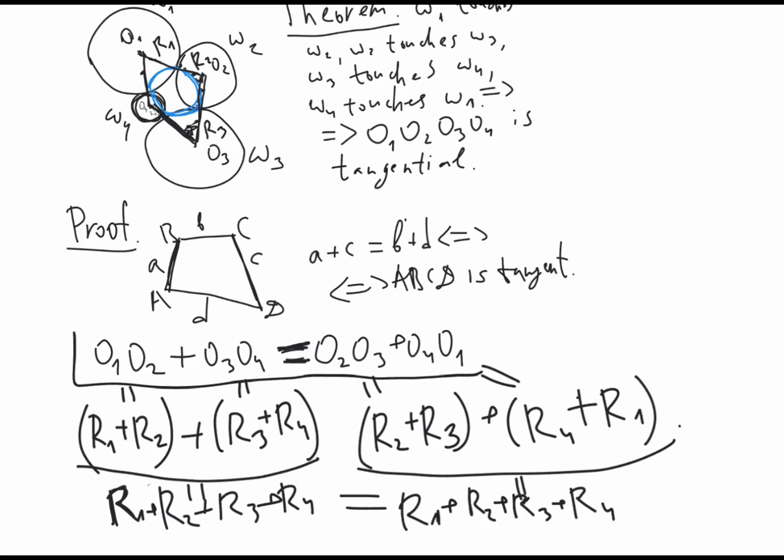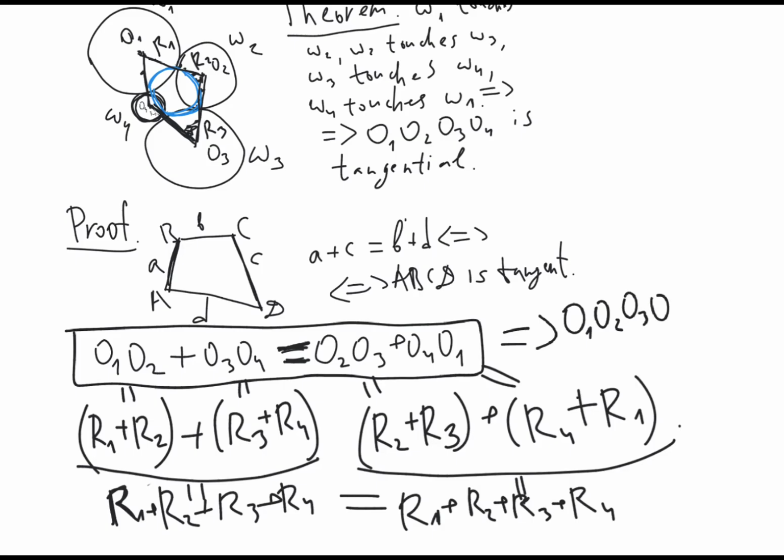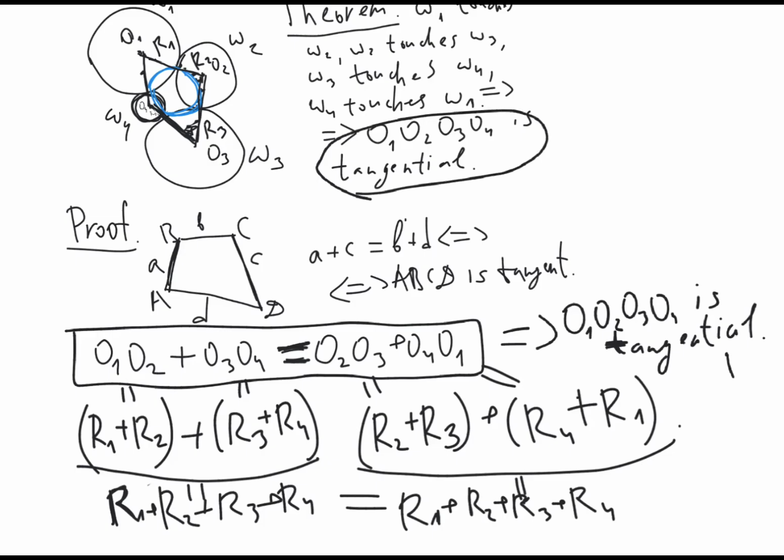So this equality is established, and it immediately implies that O1O2O3O4 is tangential. And this is exactly what we needed to prove. So this concludes the proof.